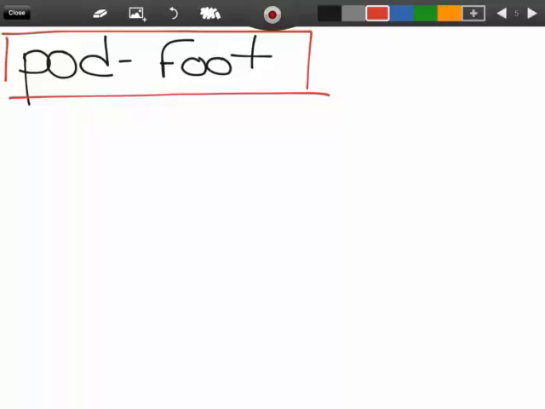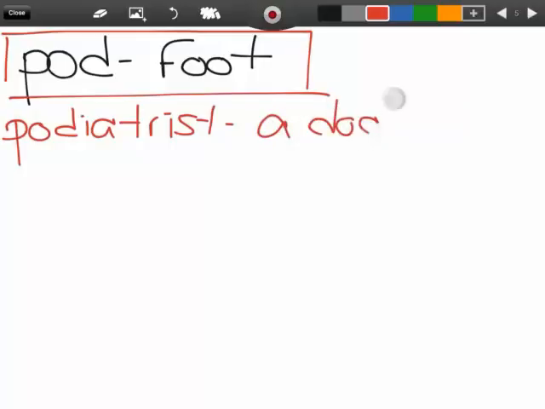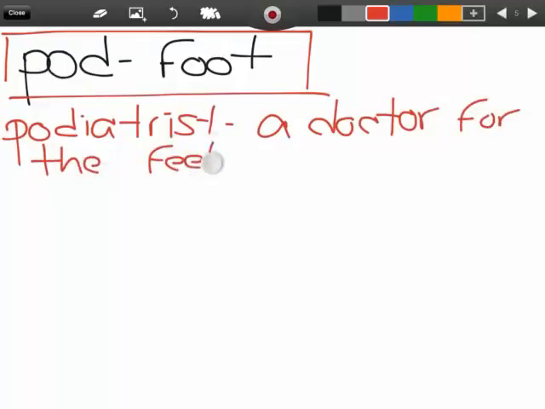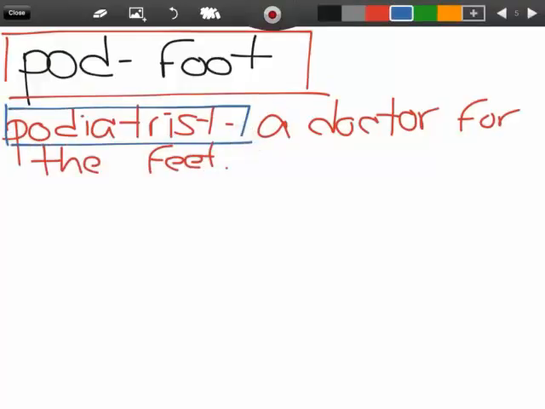I'm going to give you an example word now, and that's podiatrist. Excuse me, podiatrist, and that means a doctor for the feet.